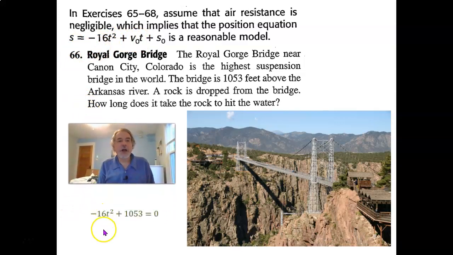So we would have to solve the equation negative 16t squared plus 0t plus 1,053 equals 0. And that's an example of a quadratic equation because it involves t squared. I'm not going to go ahead and solve that right now. I'll save that till the end, but that's one example of a quadratic equation that we might want a solution for.